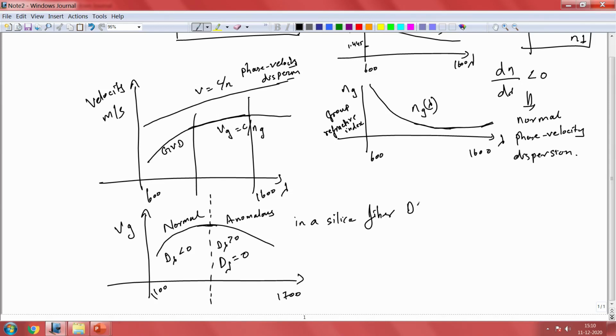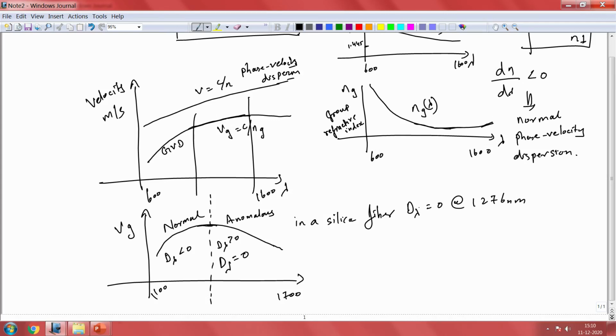So, this d lambda 0 happens at around 1276 nanometer, and one can modify this based on fiber parameters, but this is something that one can actually change, okay, by using various fiber dimensional parameters, doping parameters, refractive index and so on.